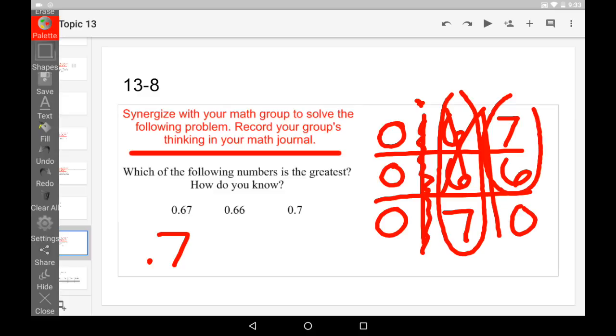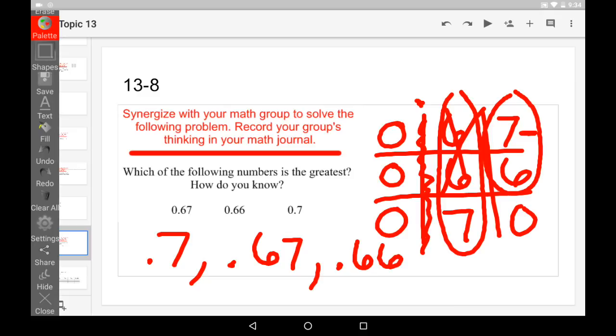So now I have to come over here. Okay, and I see a 7 and a 6 again. So because this 7 is bigger, that must mean that my 67 hundredths is my next biggest, and then 66 hundredths would be the smallest. So if you predicted that 7 tenths was actually the largest number, then you were correct.